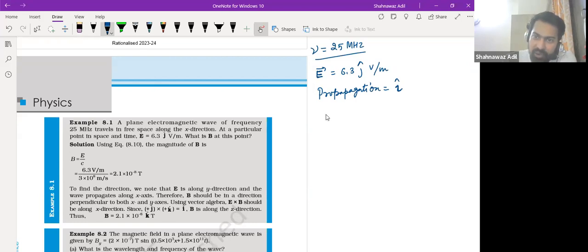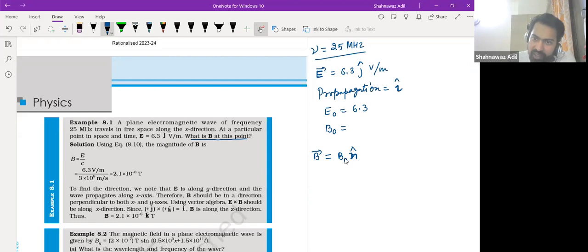So magnitude is given. E naught, you know, that is 6.3, right? So what would be magnetic field B naught? Because in the question we have to find what is B at this point. So we have to find out B vector. So B vector will have some magnitude, and this will have some direction. Let's say direction is n hat.